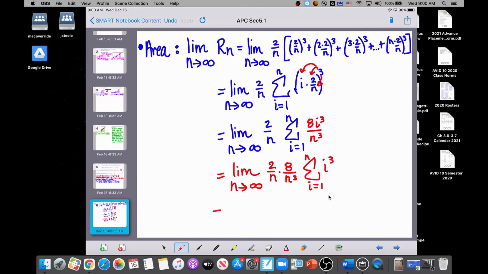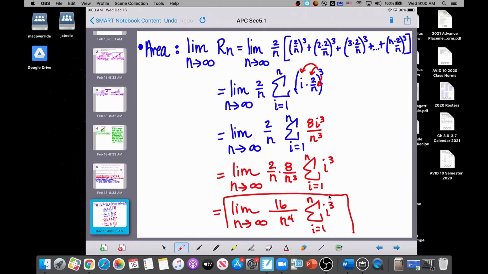So finally, we can simplify what's in front of that summation symbol. So we have the limit as n approaches infinity of 16 over n to the 4th power times the sum from i equals 1 to n of i cubed. Okay, so this is our answer. We have successfully written the area under the curve as a limit using summation notation.